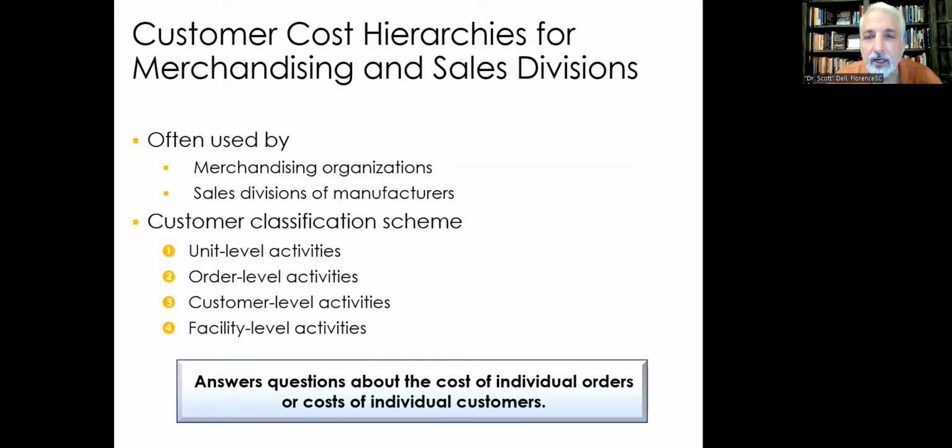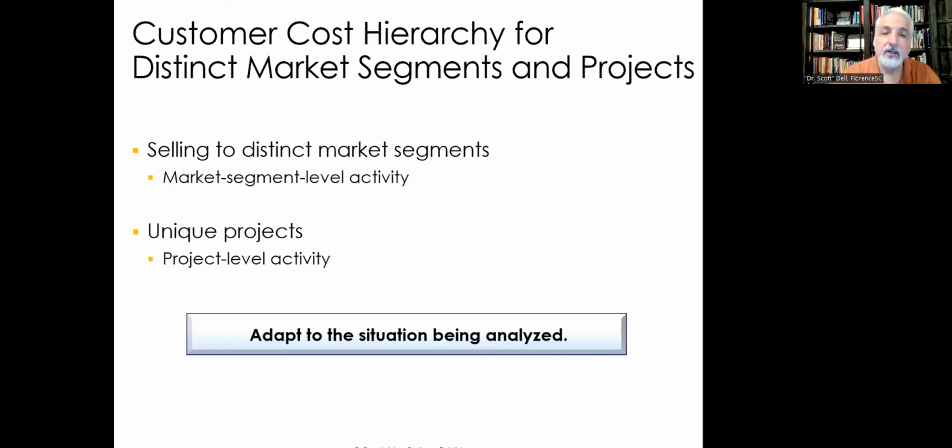The cost hierarchies for merchandising and sales divisions are used by all kinds of organizations. So customer classification, the unit, order level, customer level, facility level, those are categorized, analyzed, and tracked. And then finally, we're looking at some segmentation.